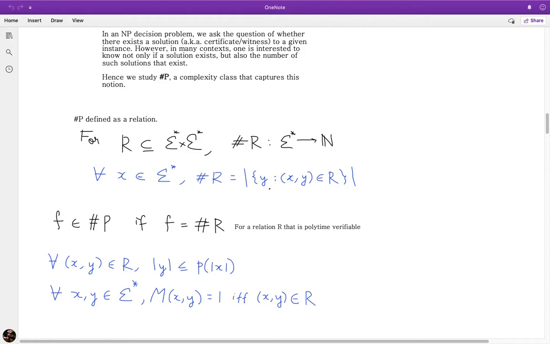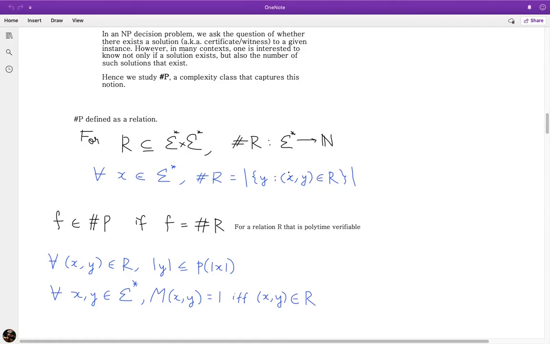So basically what we are doing is, if we think of R as a function problem, where it is a set of tuples where the first string is the input string and the second string is the output string, this tuple is part of R only if the input mapping gives the specific output, so only then it's part of the R.